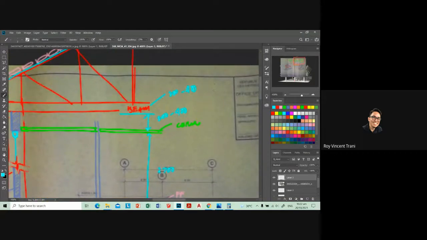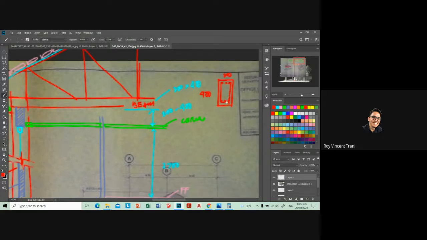In section, the beam would look like that. So this would be the 200 by 400. And then you have your reinforcement steel bars inside the beam, which will look like that.